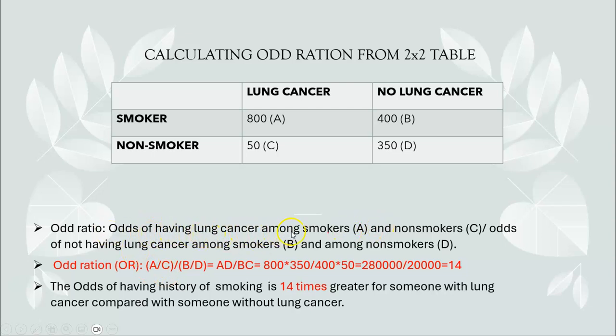So the odds ratio is basically the odds of having lung cancer among smokers. Here we see the smokers with lung cancer.